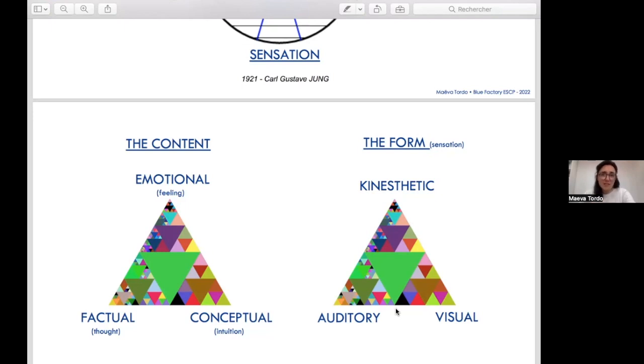If I am presenting the Blue Factory, I can present it in an emotional way. There I will speak about the isolation of the entrepreneur and the fact that the Blue Factory is really there at that moment where someone who wants to create something doesn't know how to start and feels very, very alone. Also, sometimes they are not understood by their siblings. I can explain the Blue Factory in a conceptual way.